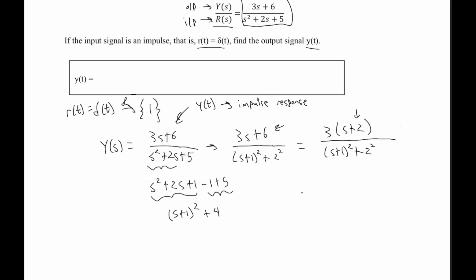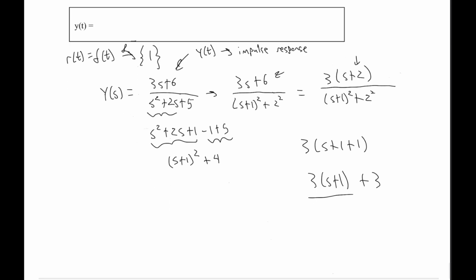So we get 3 times (s + 1) plus 1. We distribute this 1 in so we can take it out, and we get 3 times (s + 1) plus 3, and this whole thing is over (s + 1)² + 2².